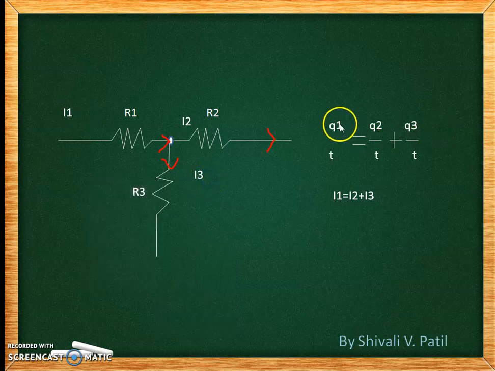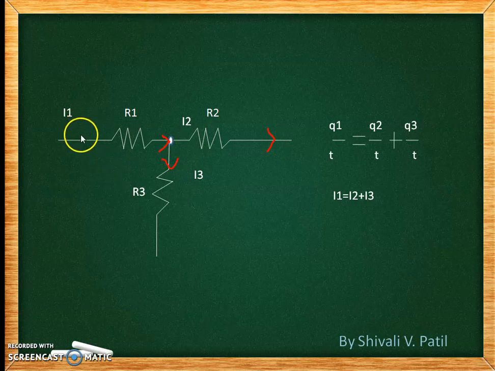Charge Q1 comes towards the junction per unit time. Q2 charge flows through this resistor R2 and Q3 charge flows through this resistor R3. So by the law of conservation of charge, the amount of charge remains the same, that is incoming is equal to outgoing, because charge can neither be created nor destroyed.